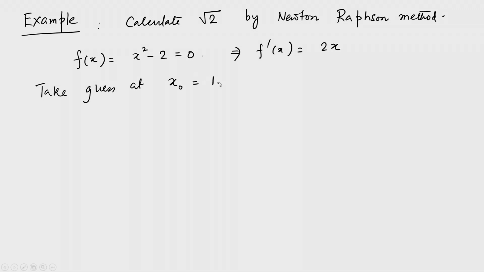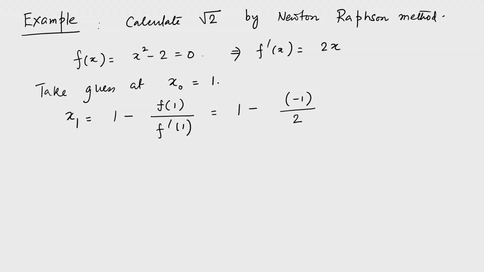Then we can calculate x 1, which is equal to 1 minus f of x 0 over f prime of x 0, that is f of 1 over f prime of 1. f of 1 is equal to minus 1, and f prime of 1 is equal to 2, because you put x equal to 1 there.